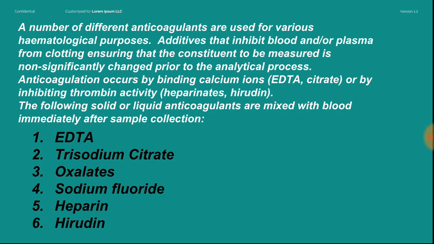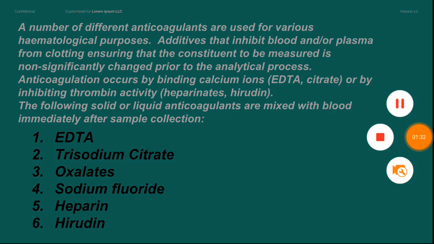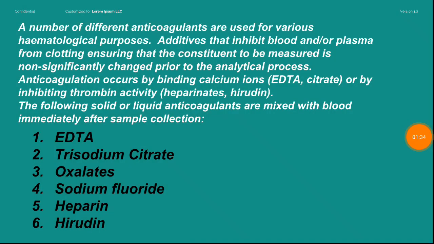Those anticoagulants act by binding with calcium ions, those are EDTA and citrates, or by inhibiting prothrombin or thrombin activities, those are the heparins, hirudins, etc. The following solid or liquid anticoagulants are mixed with blood immediately after sample collection: EDTA, trisodium citrate, oxalate, sodium fluoride, heparin, hirudin.